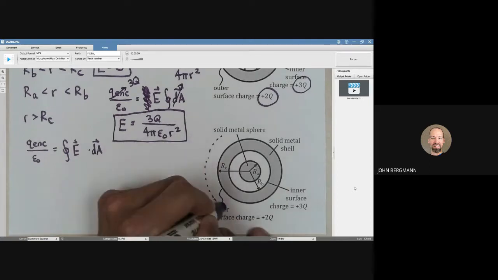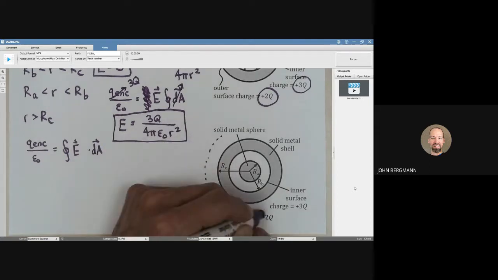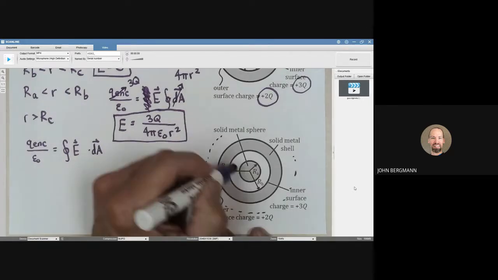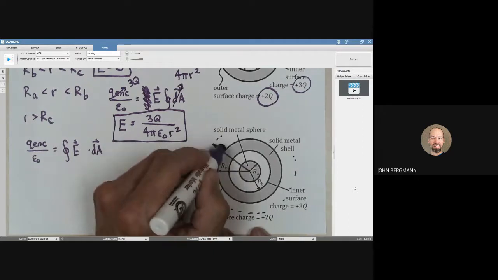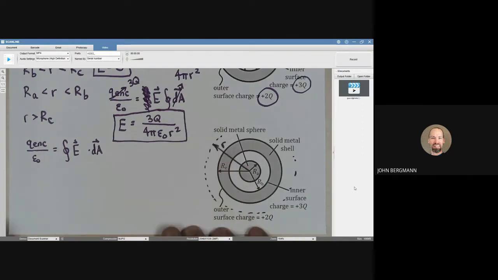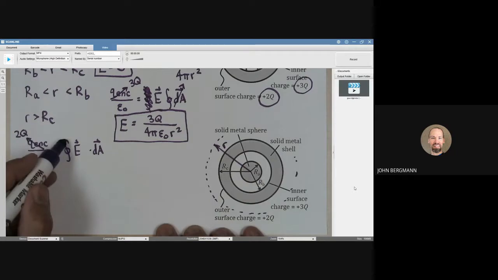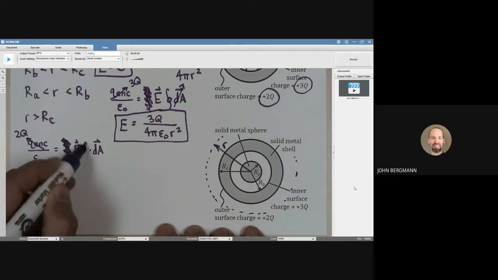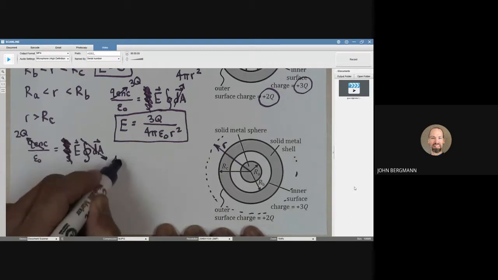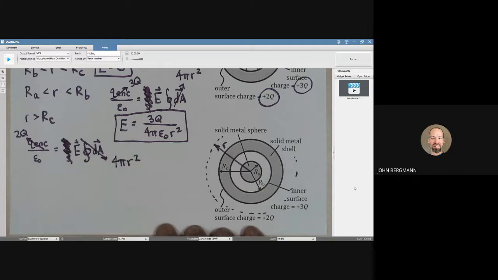And this is a Gaussian sphere that goes all the way around here, where our r value is bigger than r_C. The numerator here is going to turn into 2Q. This is positive 2Q. The electric field magnitude is constant, so we're going to integrate dA. When we integrate dA, we get A, which is 4 pi little r squared.